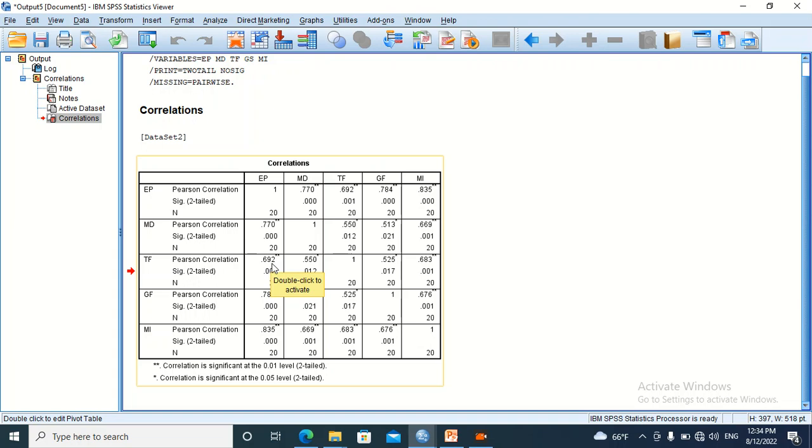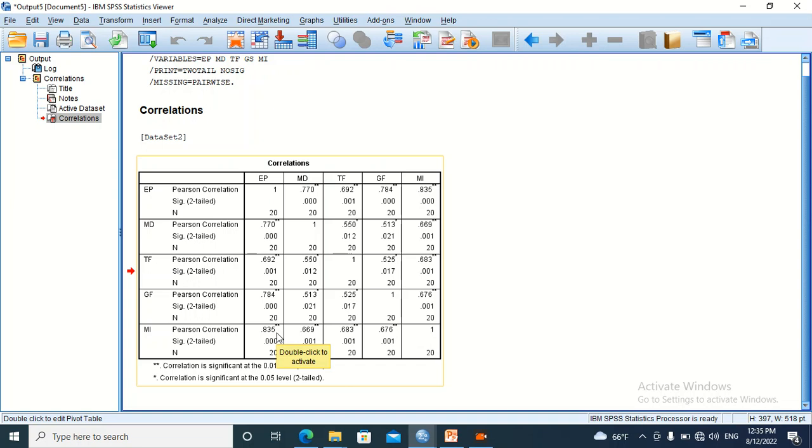A strong correlation is from 0.5 to 0.7, and from 0.7 or more is a very strong correlation. Then EP to GF is also a very strong correlation. Then EP to MEI is also very strong.